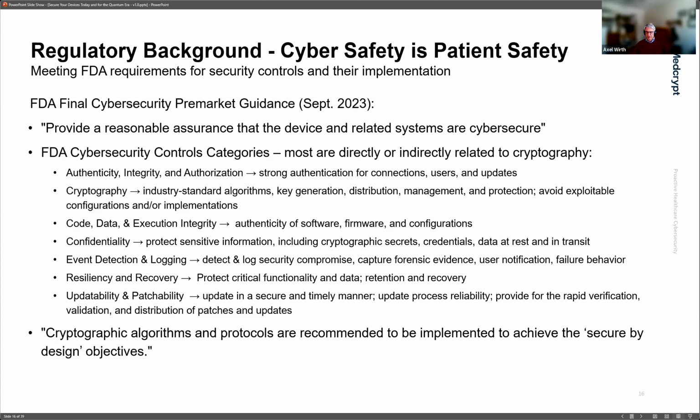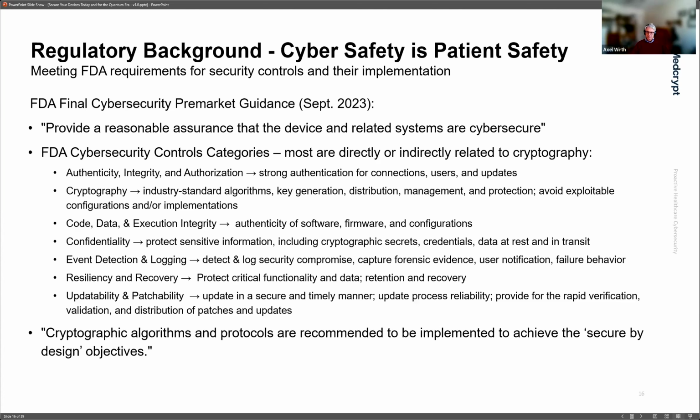So specifically, the FDA expects, based on the latest pre-market guidance from September 2023, that you as a manufacturer provide a reasonable assurance that the device and related systems are cyber secure. So there are two important things here. A, that you provide assurance through documentation, including testing, but also that you not only look at the device, but also related systems.